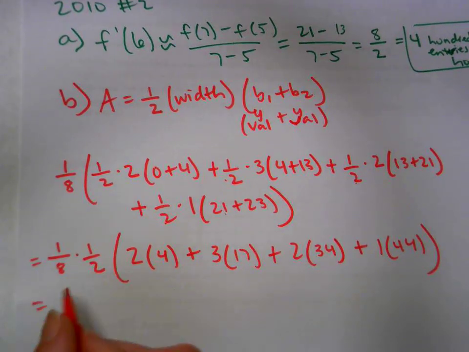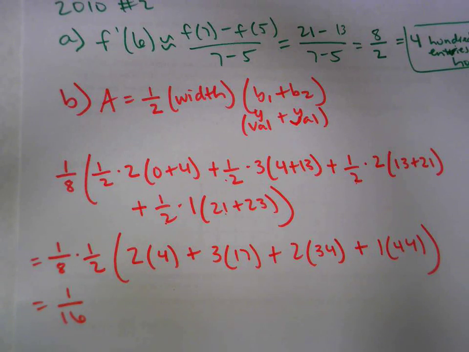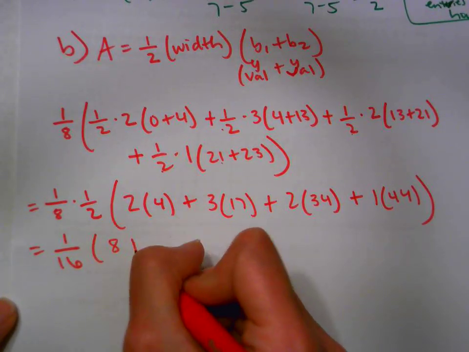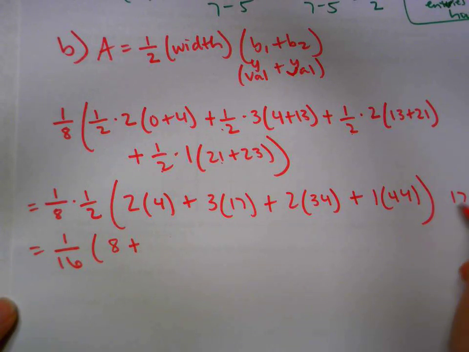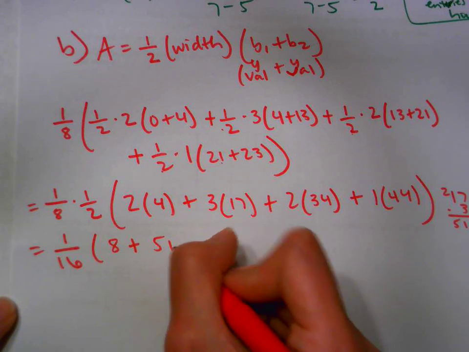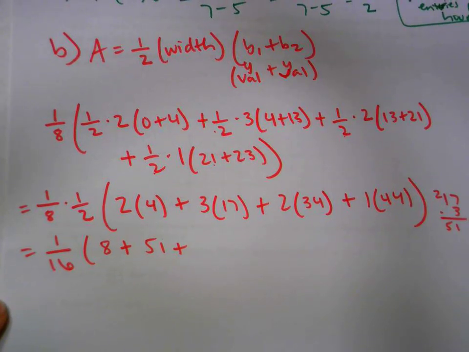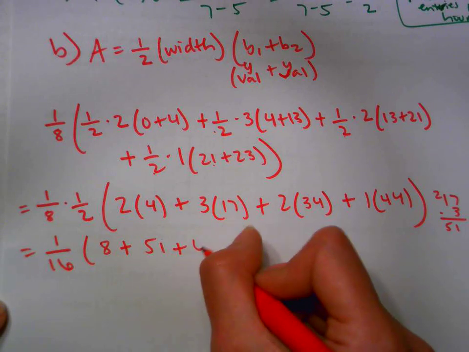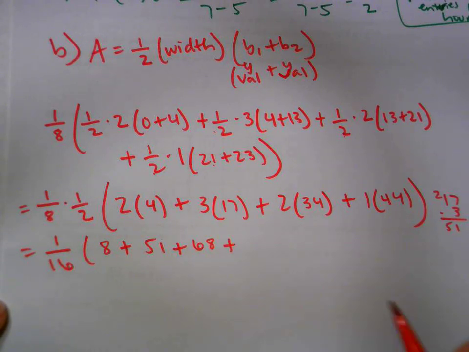So now 1/2 times 1/8 would be 1/16. Times 8 plus 17 times 3 is 51. 34 times 2 would be 68, right? Plus 44.